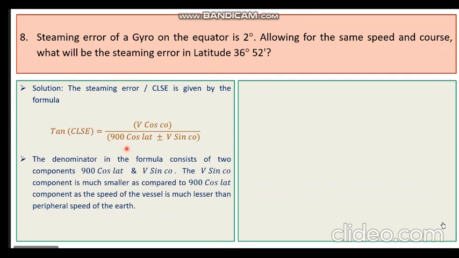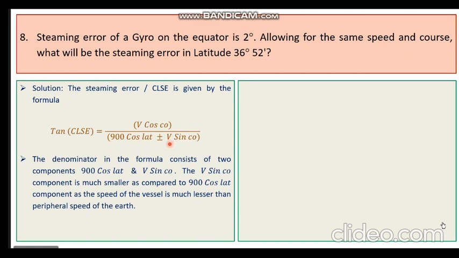Now, if you look at the denominator on the right hand side of this formula, the denominator consists of two components. The first component is 900 cos latitude and the second component is V sin cos. Now the second component, the V sin cos component, is much smaller as compared to the first component.